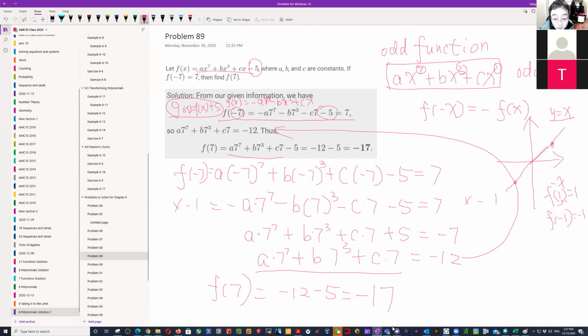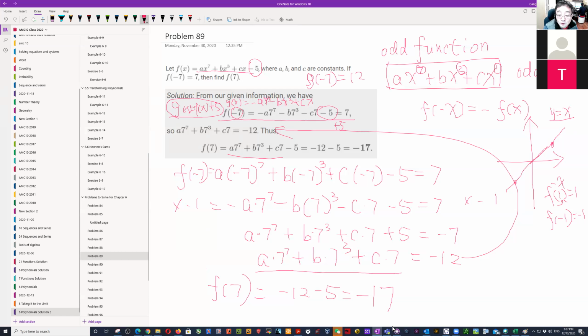If we add 5 on both sides, it's going to be 12. So g(-7) is going to be 12.